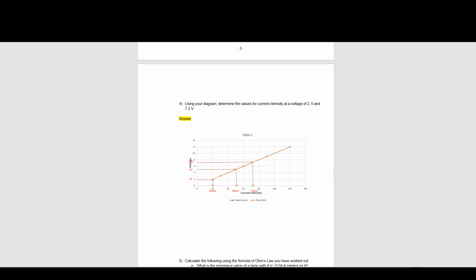For 2 volt, the current intensity is 20 mA. We do the same thing for 5 volt and 7.2 volt.